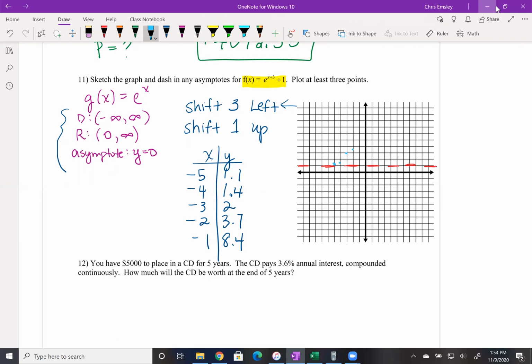And -1 and 8.4. Okay, so we get a nice little exponential curve there. Sorry, my drawing abilities aren't great on the computer screen, but you get the idea. There's our exponential function that has been shifted to the left by 3 and up by 1.